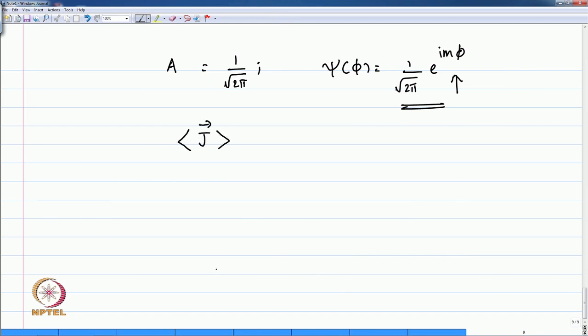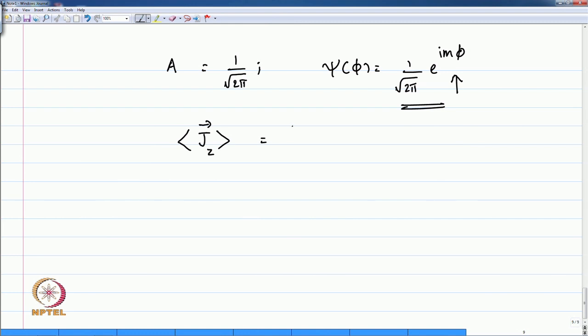It points in a direction perpendicular to the actual plane of the circular motion, and we shall call that the z component, if we assume x and y as the coordinates of the motion of the particle on the ring. The angular momentum is the integral of psi star, the operator jz, psi d tau, which in this case, the operator is minus i h bar d by d phi. This is the angular momentum operator that you use to derive this result.